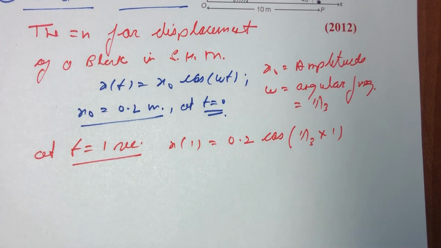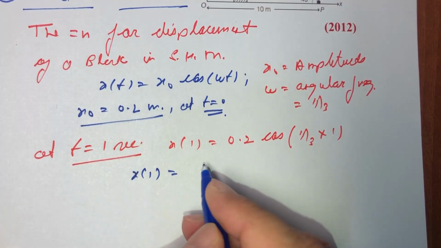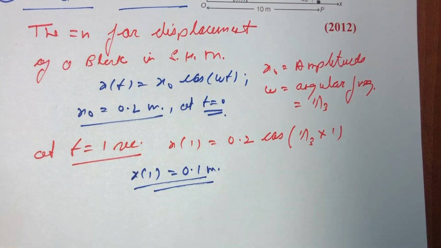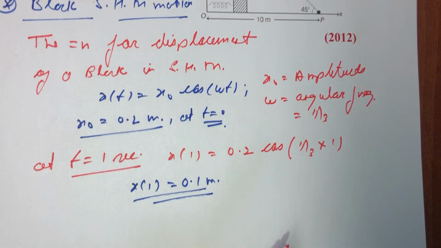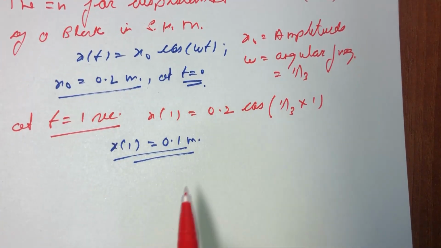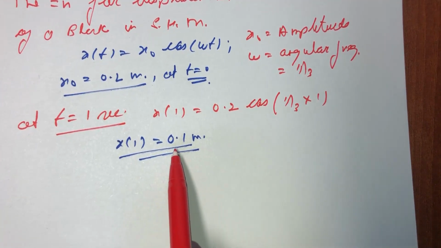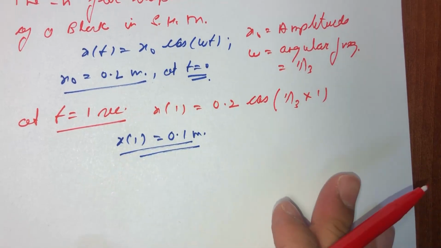So we get the displacement after 1 second as 0.1 meters. From here we can say that the block is at a distance of 0.1 meter from the equilibrium position after time t equal to 1 second.